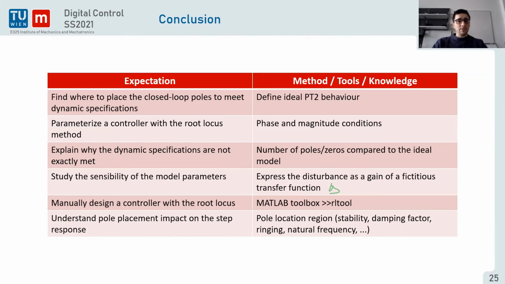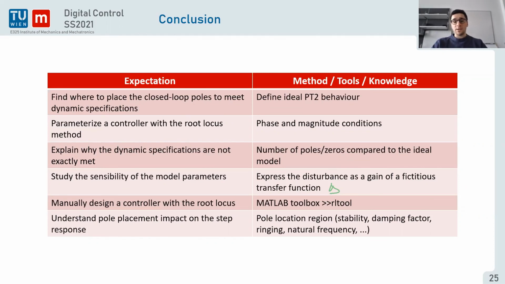And the last one was understanding the pole placement impact on the step response. So is it going to be stable or unstable? Of course, I want it to be stable, but then what is the damping factor? What does it mean? The natural frequency of the system just defines how much oscillation I will have.